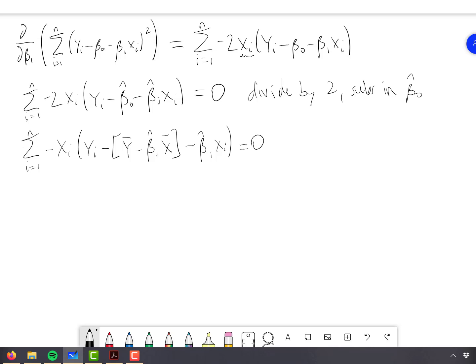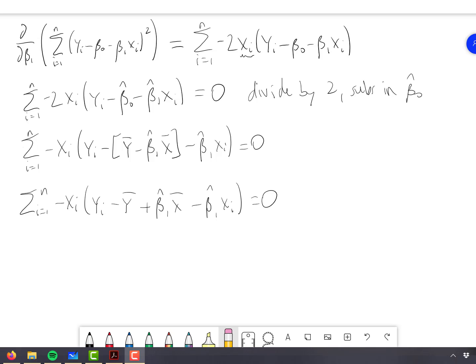We can then do a little work to clean this up to make it a little simpler. So we'll say the sum of i equals 1 to n of negative xi times (yi minus y bar plus beta 1 hat x bar minus beta 1 hat xi) equals 0.